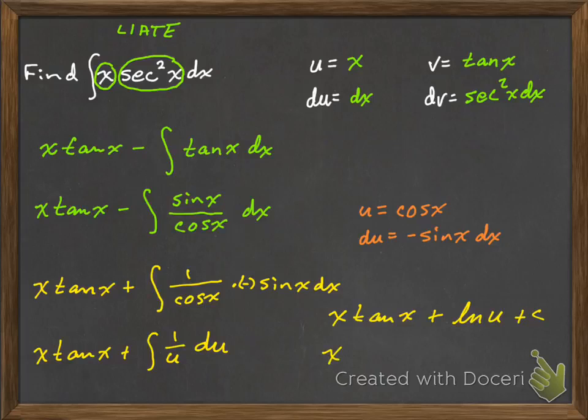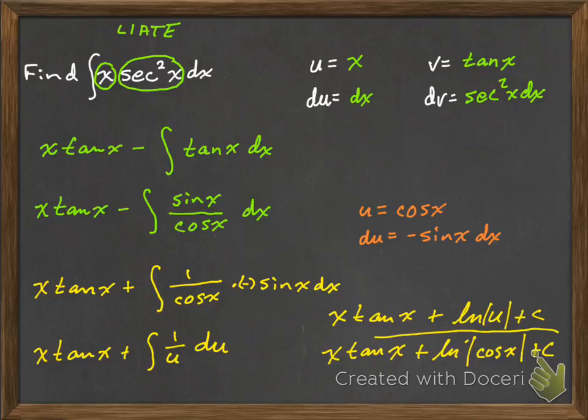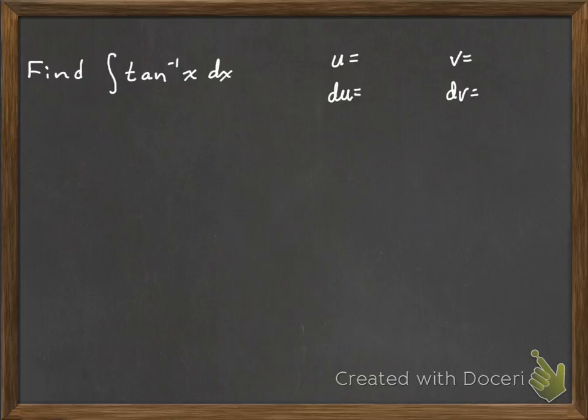And then we can replace u with what we said our u value is, and that is cosine x. And this is our antiderivative.